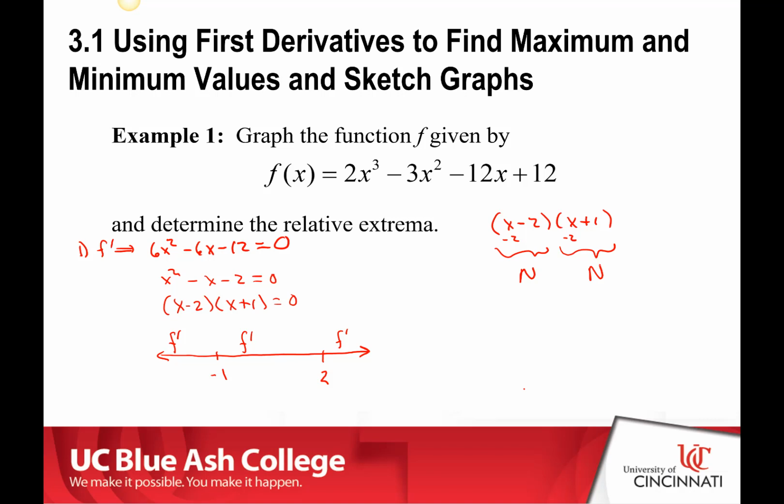For example, on the second one, what we have is -2 plus 1. -2 plus 1 is -1. It's a negative number. I don't care what the number is. I just want the sign. A negative times a negative is a positive. Aha. So on the leftmost interval, the slope is positive.